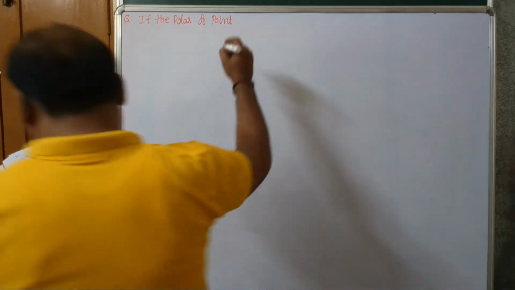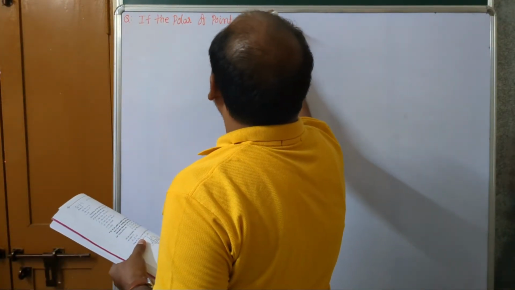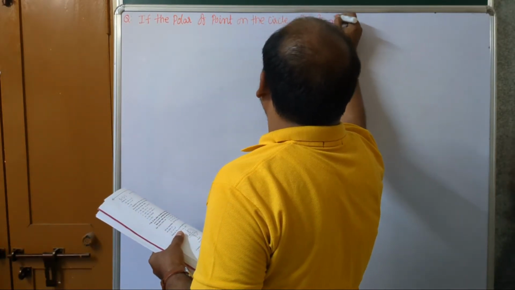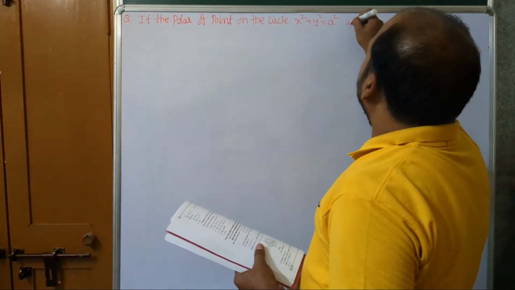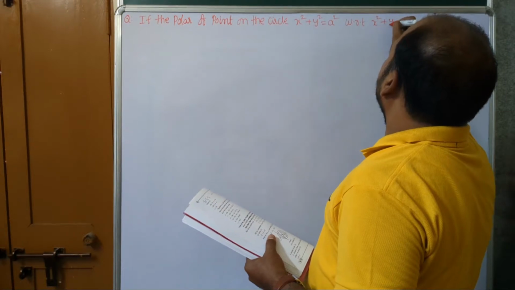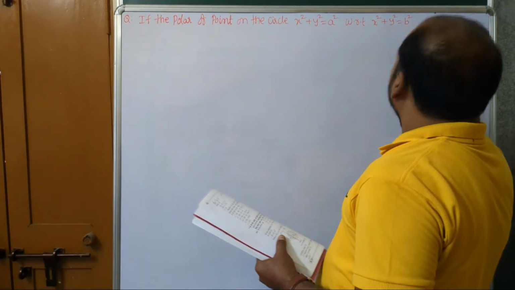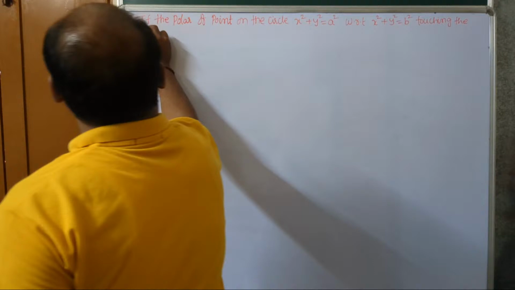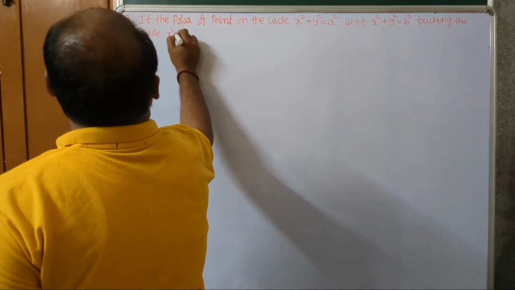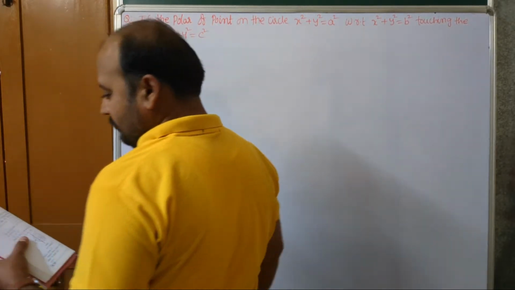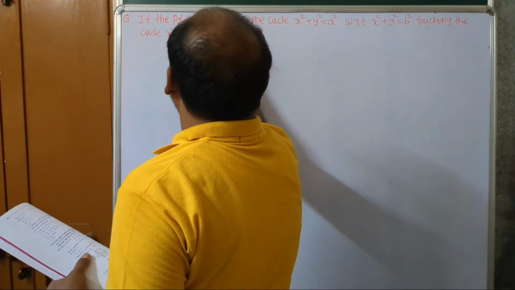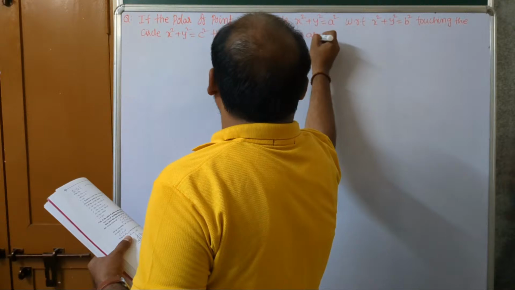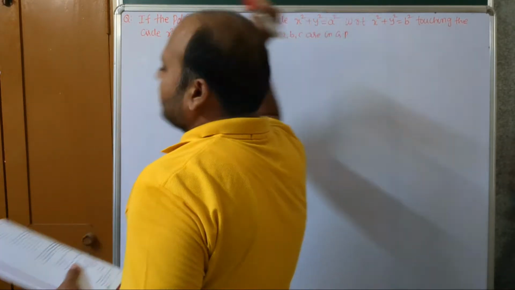If the polar of a point on the circle x square plus y square equal to a square with respect to x square plus y square equal to b square touches the circle x square plus y square equal to c square, then show that a, b, c are in geometric progression GP.